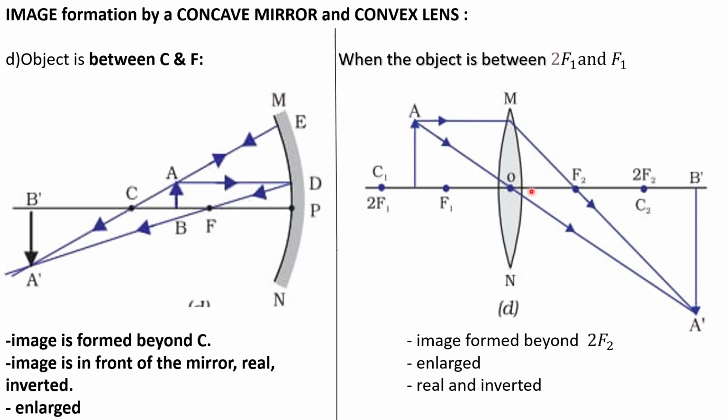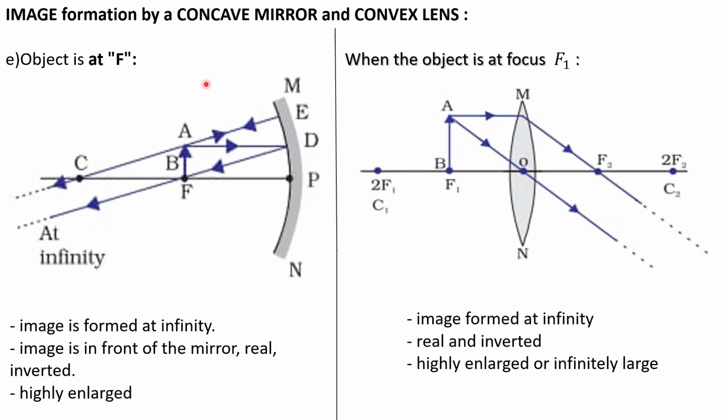In the case of a convex lens, when the object is placed in between 2F1 and F1, the image is formed beyond C2 or 2F2 and it is an enlarged image. So you can see the similarity. The only difference here is the real and inverted images are formed on the other side of the lens, while the real and inverted images are formed on the same side of the mirror. Both the images are real and inverted, and also enlarged.